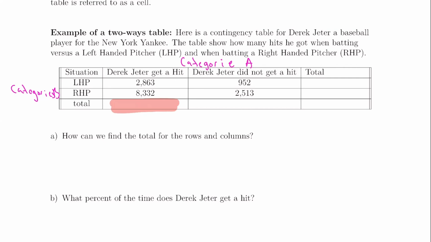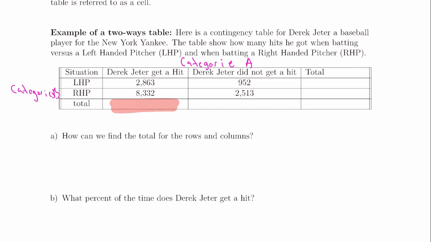Well, what should I add? Should I add all the numbers? Should I add some of the numbers? And which numbers should I add up? Yeah, so you want to add up 8,332 and 2,863.